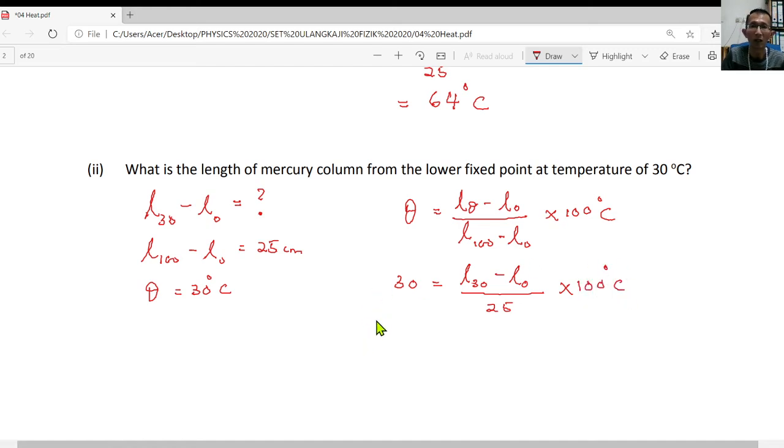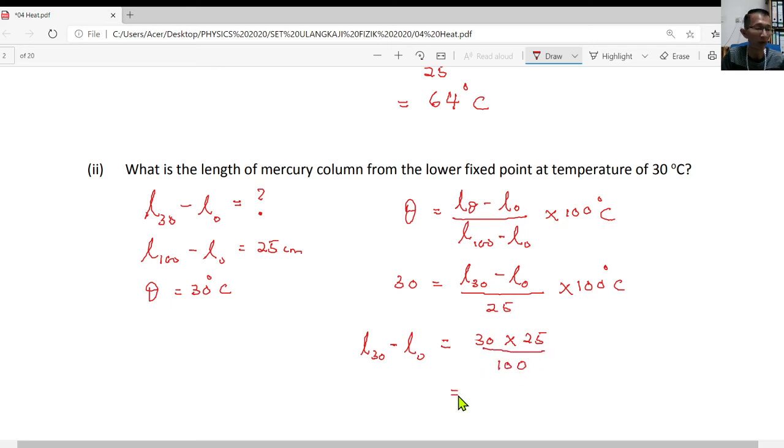Therefore, the length of the mercury column from the lower fixed point, that will be this thing here. So I will write it like this: L30 minus L0 will be 30 multiplied by 25 divided by 100.